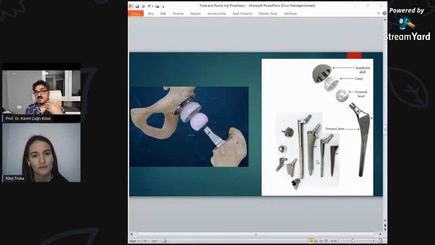Also, we have different acetabular cups. I mean, porous metal, polyethylene in rare cases, cups with fins, cups with screws. So it's not just one type of prosthesis for every patient. It's a very customizable type of operation.